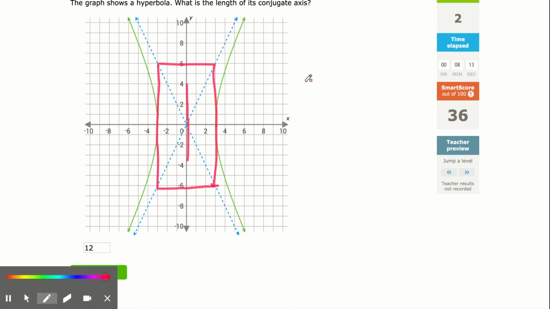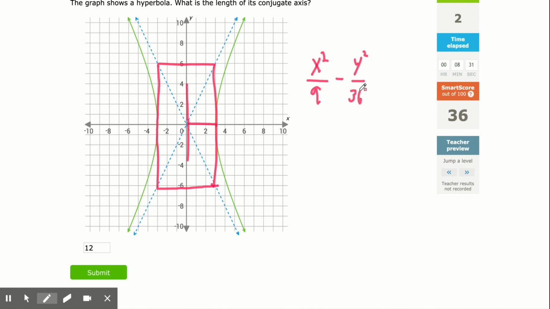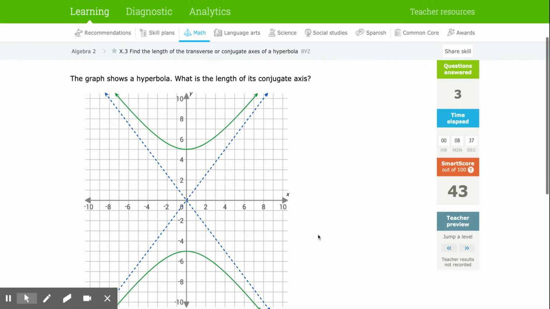And if I was to write the equation of this, it would be x squared over, since the transverse axis has a half length of 3, it'd be over 9, minus y squared over 36 equals 1. Again, that's just for a future lesson. It helps you get familiar with it.